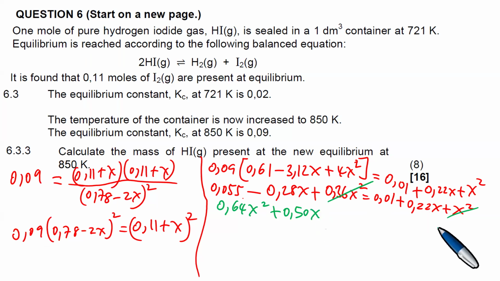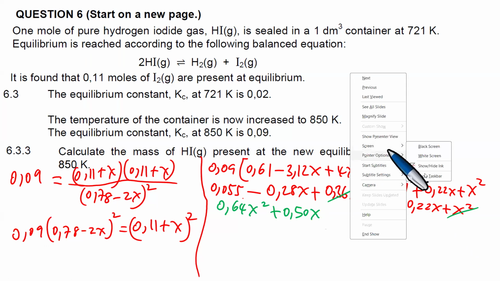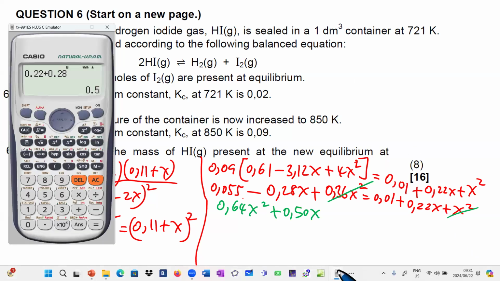Together with this one, 0,01 minus 0,055, which is minus 0,045. Just doing some algebra here.